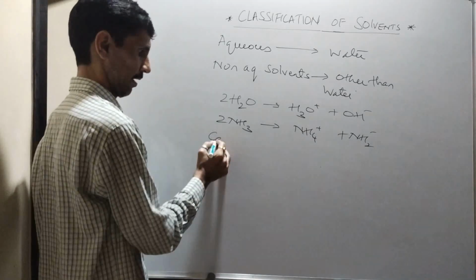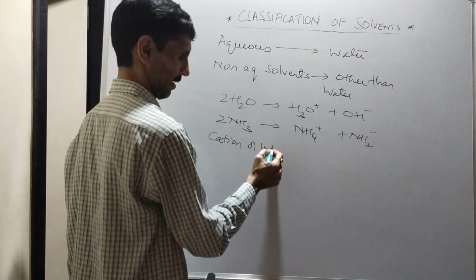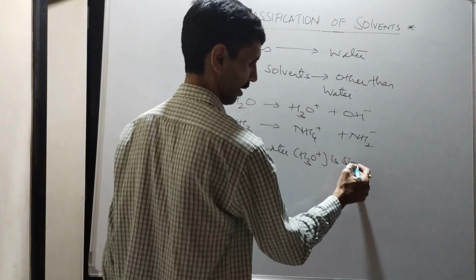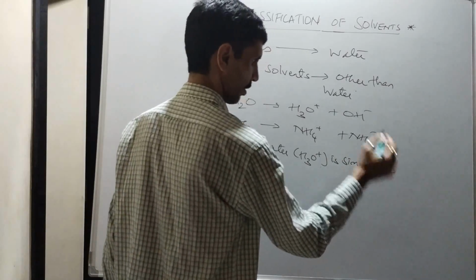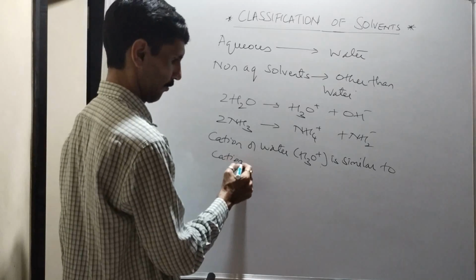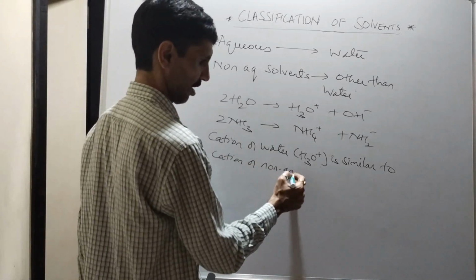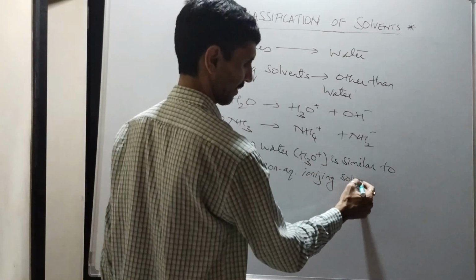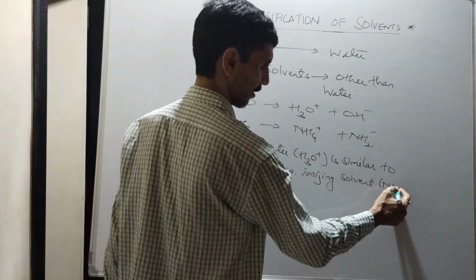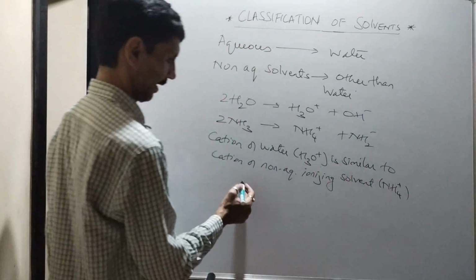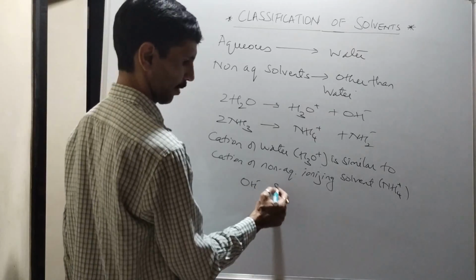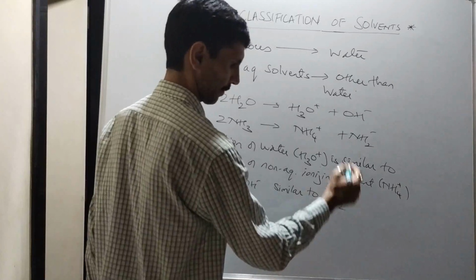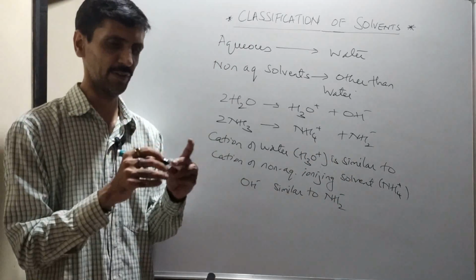Once again I repeat, the cation of water, that means H3O plus, is similar to the cation of the non-aqueous ionizing solvent. And in this case, I take an example of NH3, so it is similar to NH4 plus. Similarly, OH minus has properties similar to NH2 minus. Okay, this is the analogy which we can talk about.